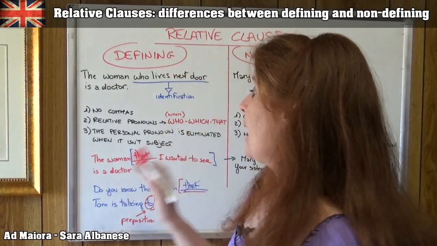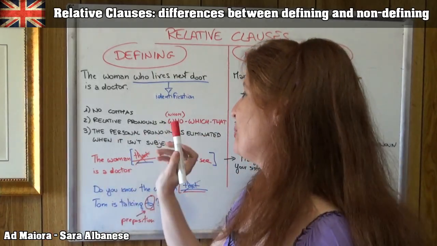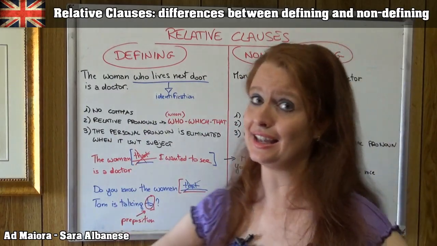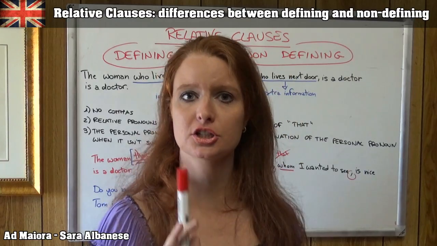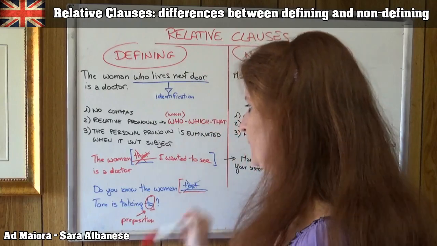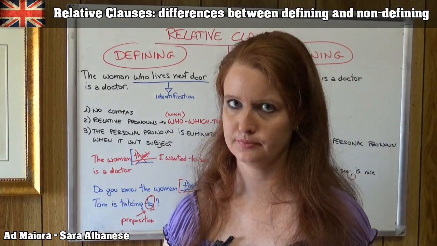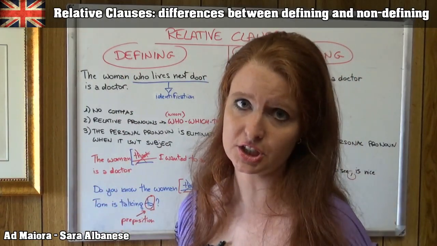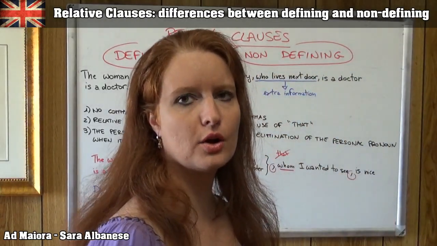So we have these three pronouns, who for people, which for things, and that for both, okay? Then, this is the most tricky rule, pay attention. The relative pronoun, so who, which, or that, is eliminated when it isn't the subject of the relative clause, when it is object. Let's make an example. If I say, the woman I wanted to see is a doctor. Main clause is always the same as before, the woman is a doctor. But in this case, I wanted to see, the woman I wanted to see.